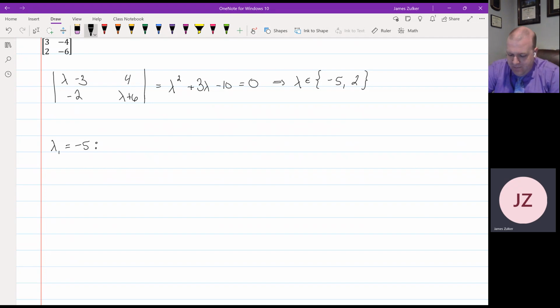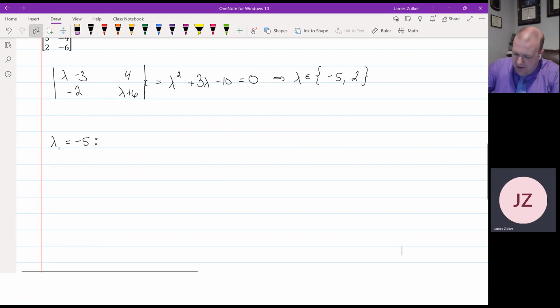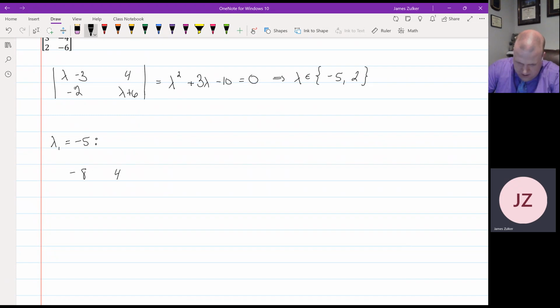We want to determine its eigenspace. All we have to do is plug negative 5 into lambda I minus A. So we plug it in up here, except we're not taking the determinant. We just want the matrix. And we get the matrix negative 8, 4, negative 2, and 1.